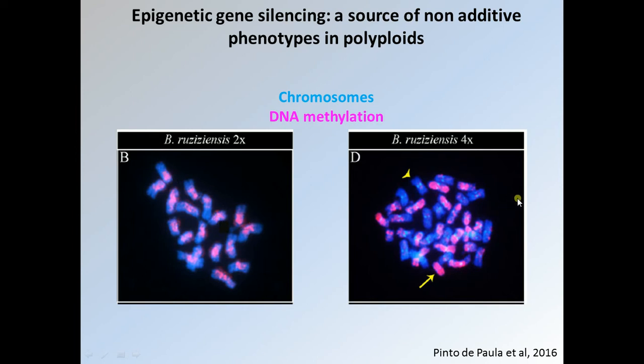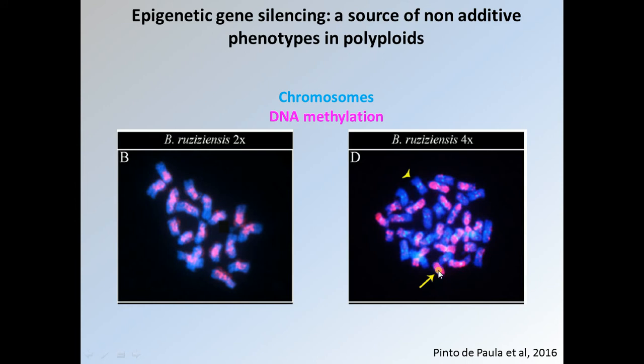But now, if we look at the polyploid, this is an autopolyploid, you see that here, for example, this chromosome mostly lacks DNA methylation, but this one here, for example, has very high enrichment in DNA methylation. That could suggest that in this chromosome, you have expression of genes at a high level, but this one here is fully silenced.